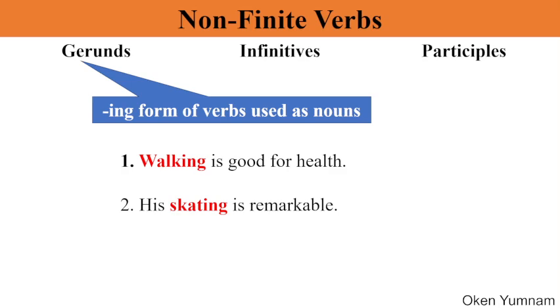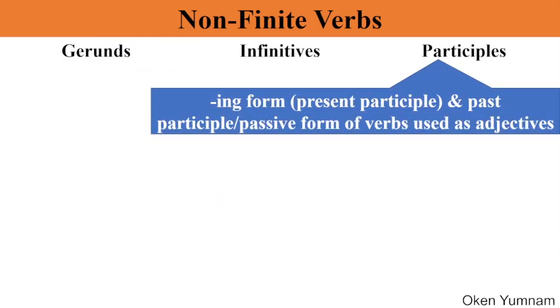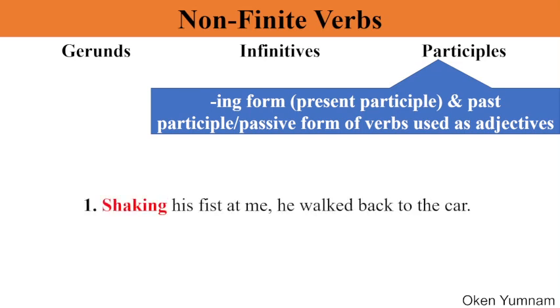Now coming to participles. What are participles? Participles can be either the -ing form or the past participle form, but they act as adjectives most of the time. Let's see examples here. Shaking his fist at me, he walked back to the car. Shaking here is used as a participle. It acts as an adjective. What kind of fist?